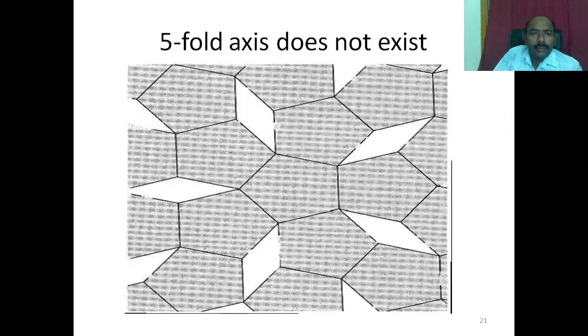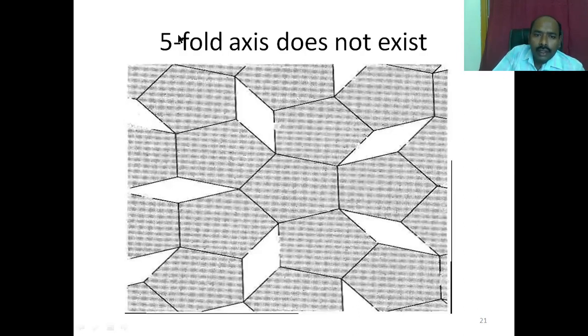Here we are taking a geometrical shape which has five equal sides, a pentagon. We try to fill the total plane with this shape.